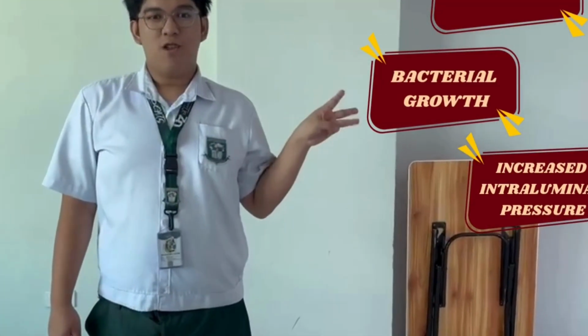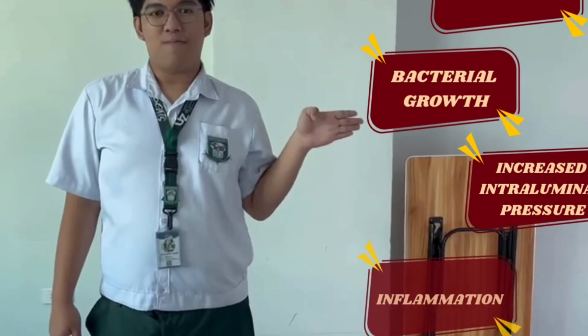Inside the body, the pattern follows a predictable way. Firstly, we have obstruction, bacterial growth, increased intraluminal pressure, and lastly, inflammation. This explains why Lisa first felt vague, poorly localized pain around the belly button, because in early inflammation, the visceral nerves are stimulated, which is why the pain is poorly localized.